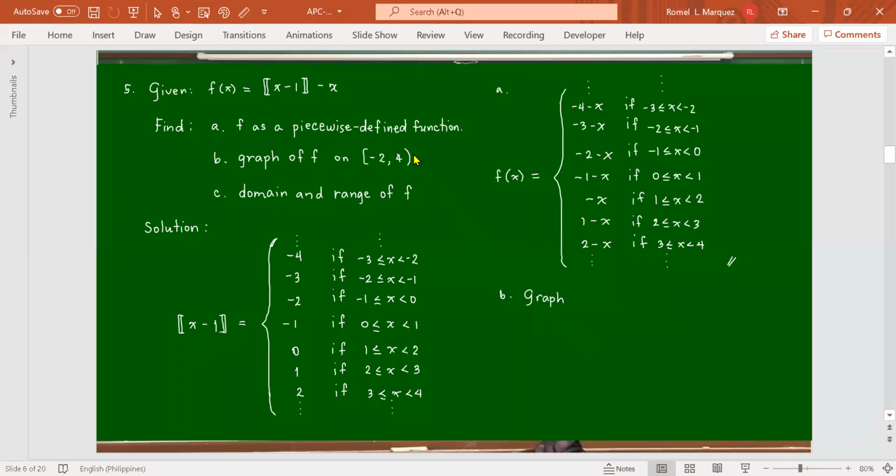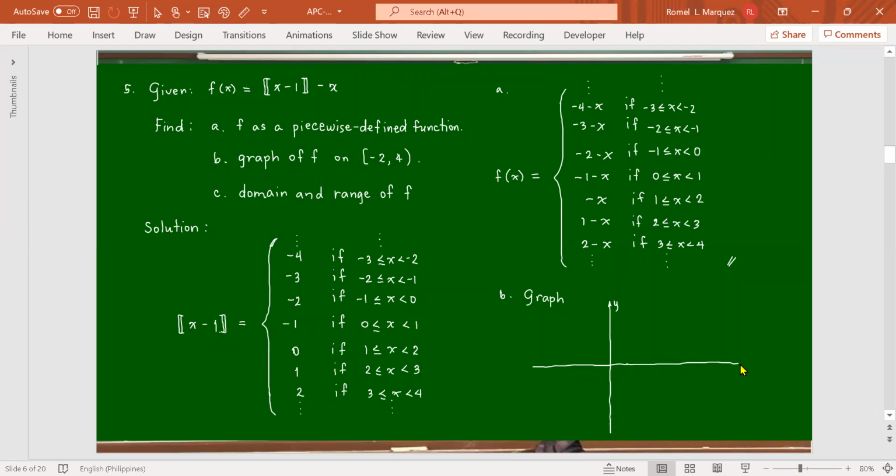So we want to draw the graph from -2 to less than 4 only. So this is our y-axis. This is our x-axis.